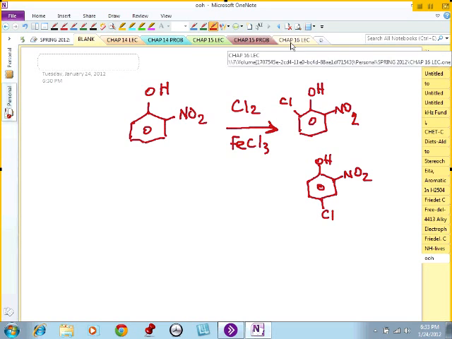Now, yes, David. Yeah, it doesn't matter because the hydroxy is directing to the para position anyway. It's just a coincidence that the nitro group is also there. Okay, yes.